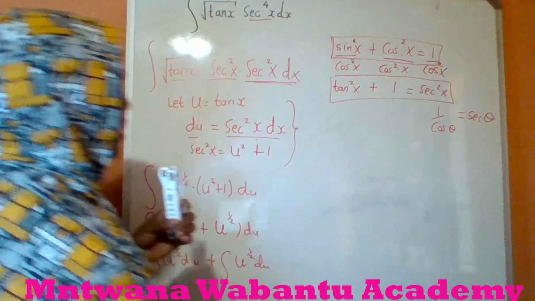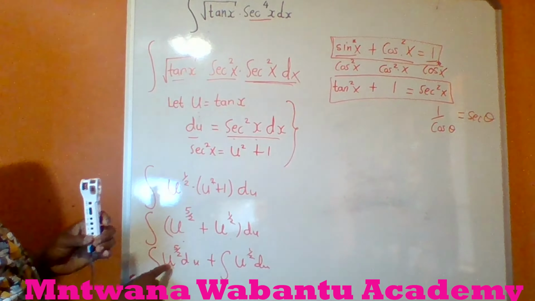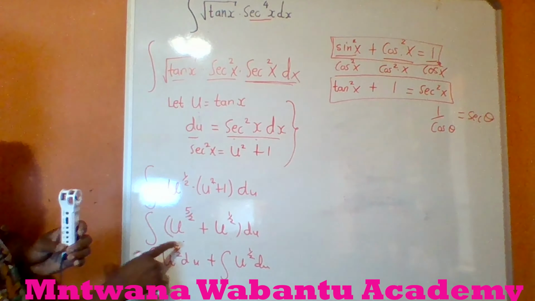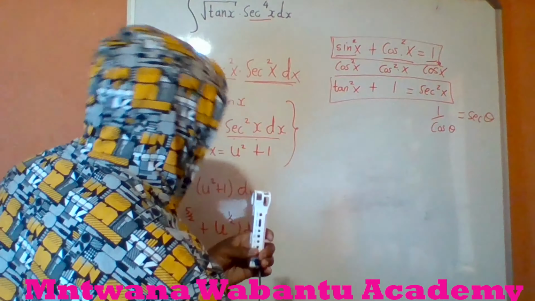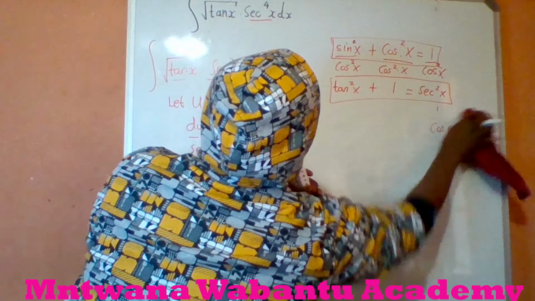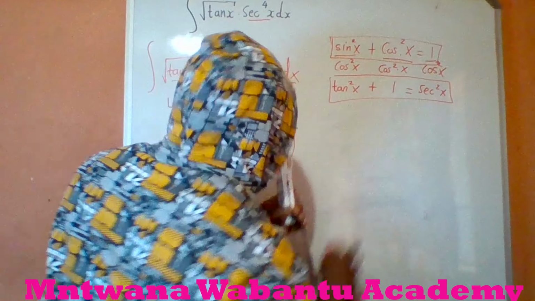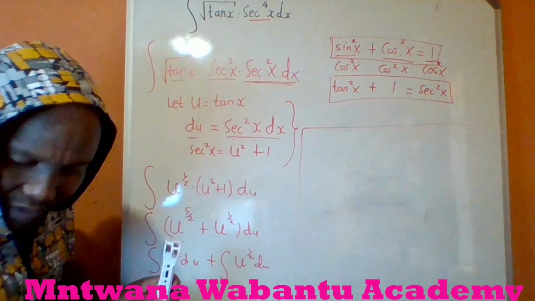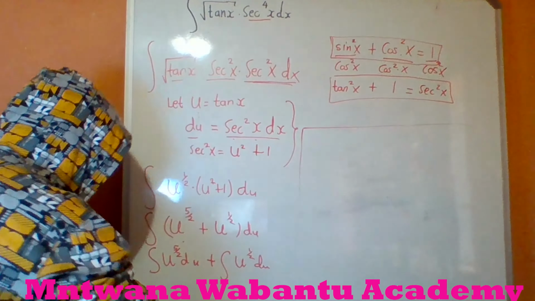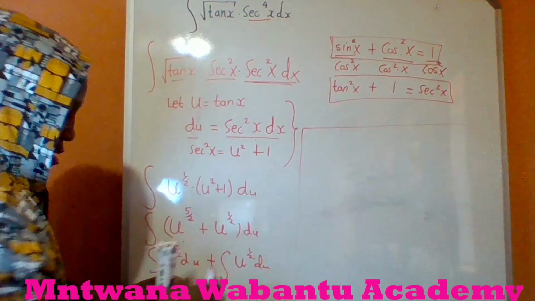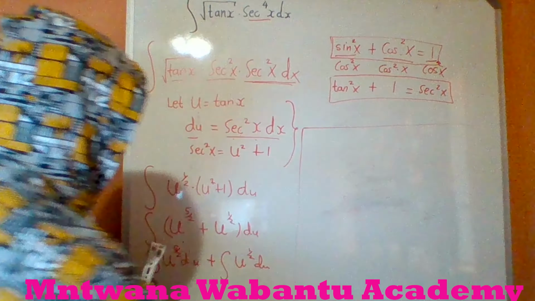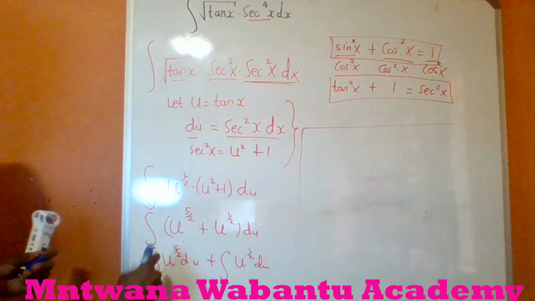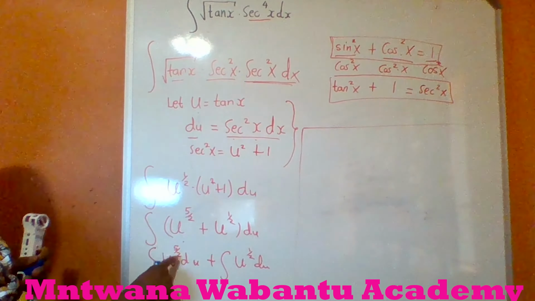So now I'm going to add 5 over 2 plus 1, which is 7 over 2.